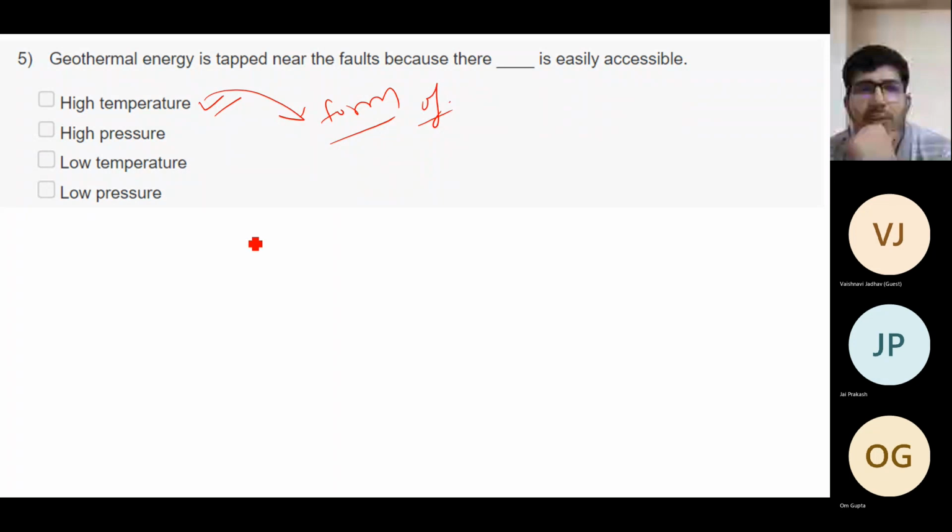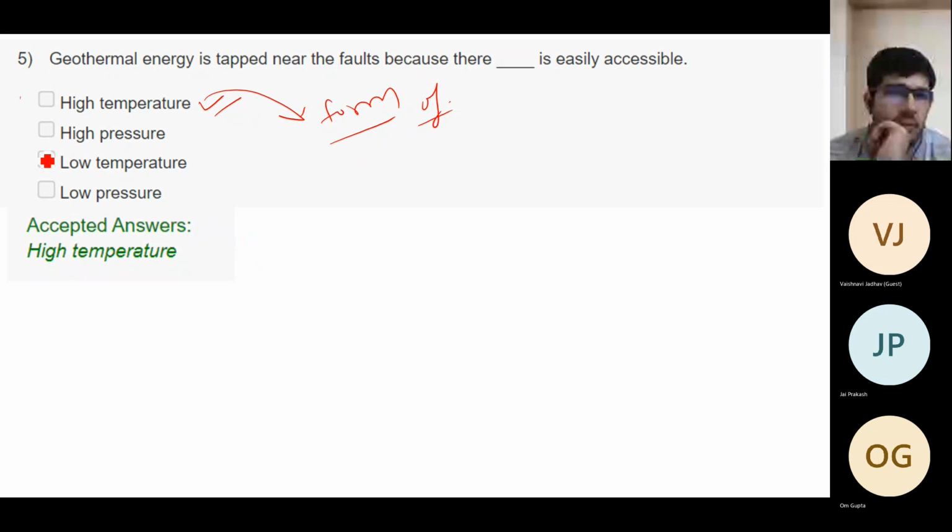One was dry steam, second was flash chamber, and third was binary. By using these 3 systems, we can develop a geothermal energy power plant, and we can tap the energy from these faults and convert it into electricity. So the correct option will be high temperature.